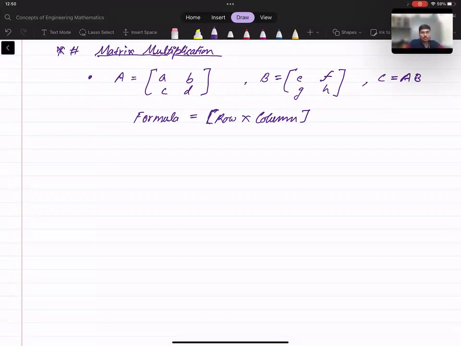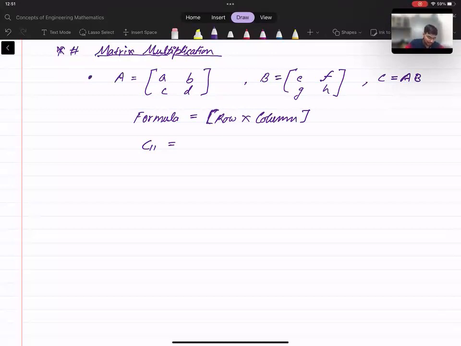If we want to find C11, then we will have to multiply the first element of the first row of matrix A with the first element of the first column of matrix B, and then it is added with the product of the second element of the first row of matrix A with the second element of the first column of matrix B. In this manner, the row into column multiplication is carried out.